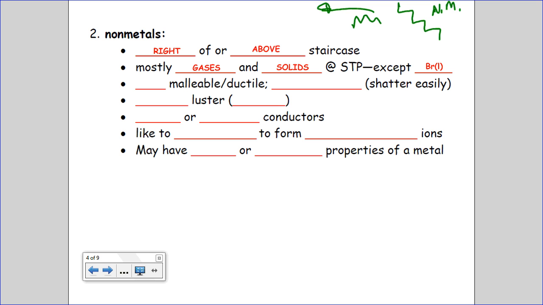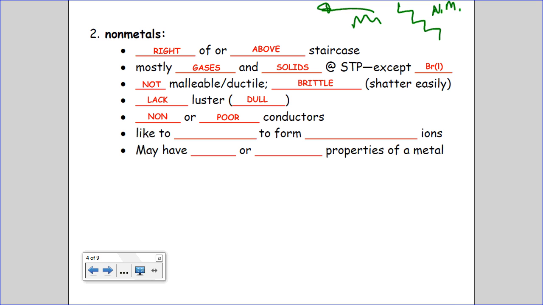They are not malleable, so you can't bend a non-metal because they're gases or they're brittle. They will crack, shatter, and crumble. They do not have a luster. They lack it, or we would say it's non-metallic or dull. Okay, dull luster, does not shine. They are non-conductors or poor conductors, meaning they will conduct heat, but they don't do it very well. It's kind of like why you'd use a pot holder.